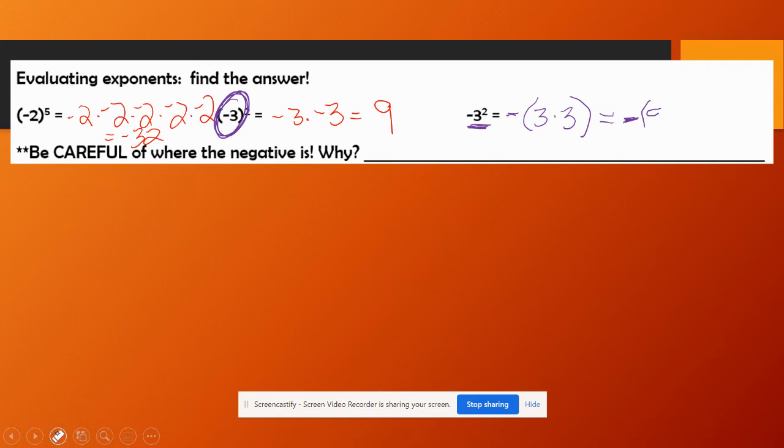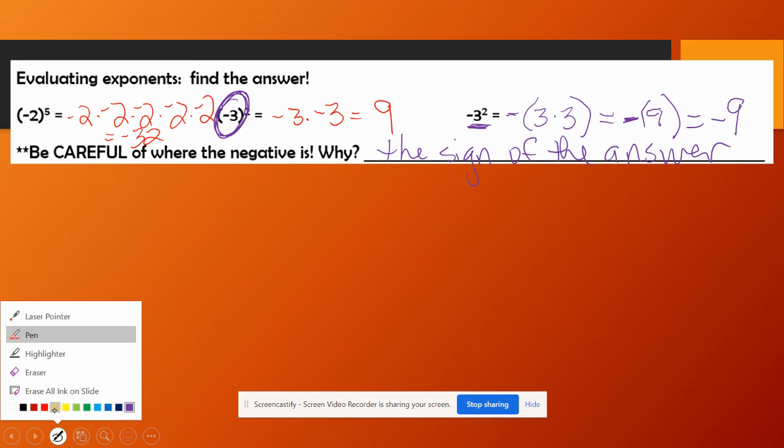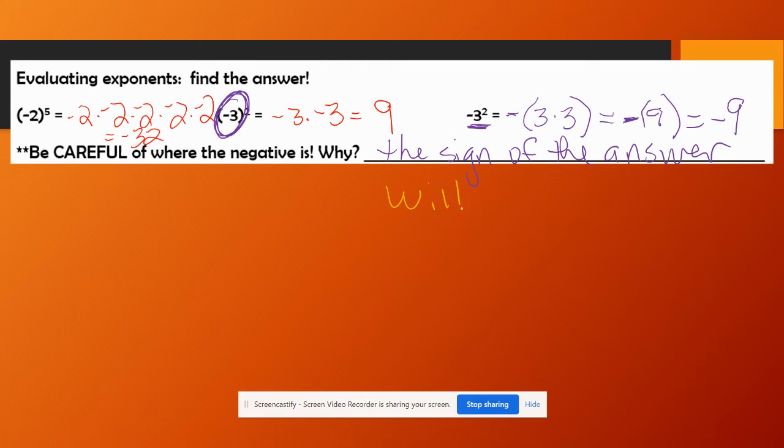Clean that up a little bit. So we have to be careful of where the negative is because the sign of the answer will be different.